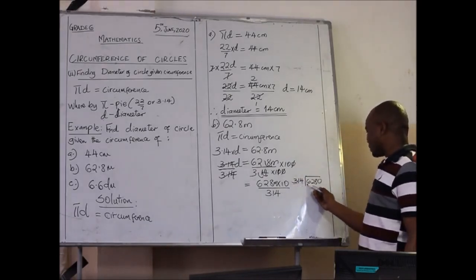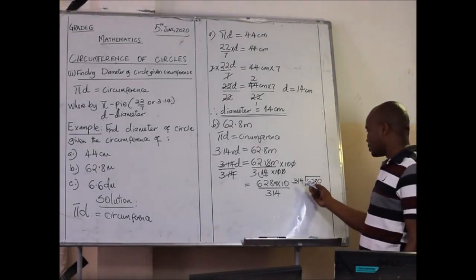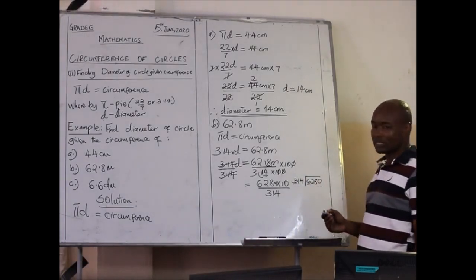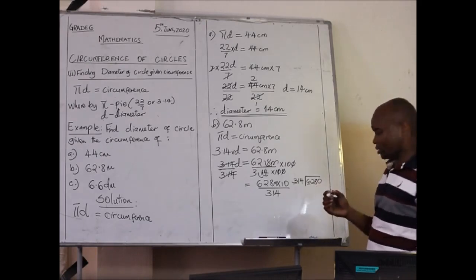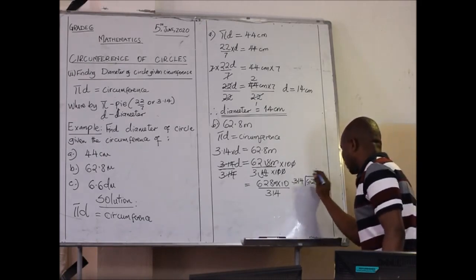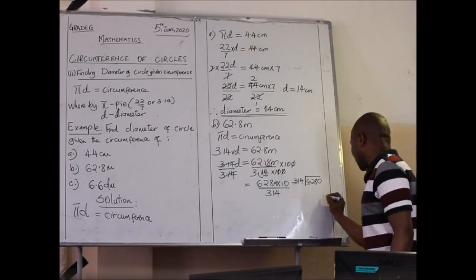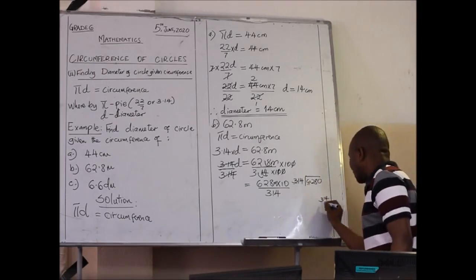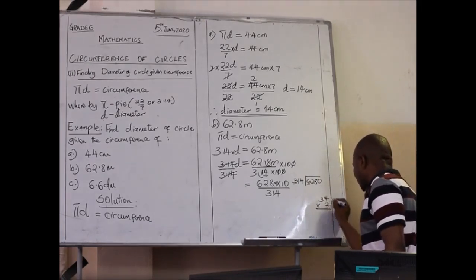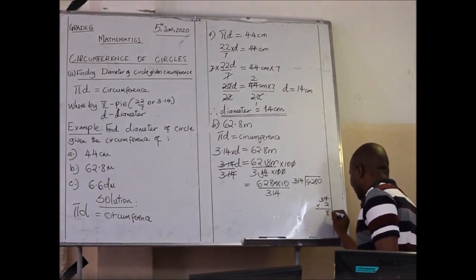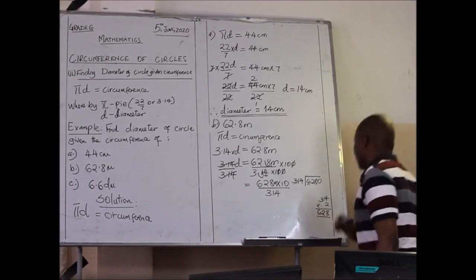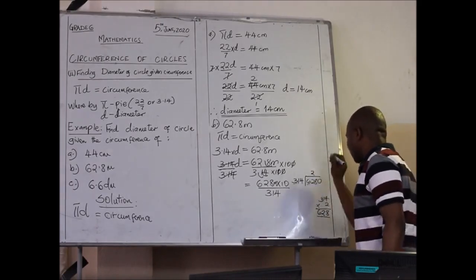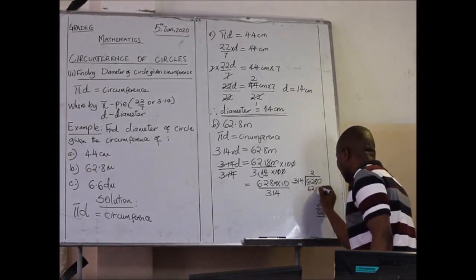First digit and first digit, ask yourself, 3 can go into 6 how many times? 3 can go into 6 twice. Before you write the 2, you need to take 314, confirm, multiply by 2. If you multiply in that case, you get 8, 2, 6. So right here 2, then 628.